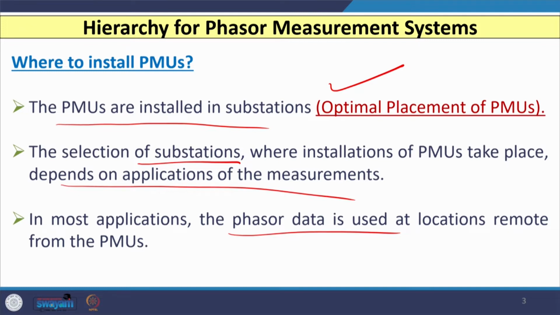Using this concept, we can find that if we install PMUs at, let us say, 7 substations instead of 10 substations, the application for which we installed the PMUs will still be served. Which substations to choose will be given by the optimal placement of PMUs algorithm.